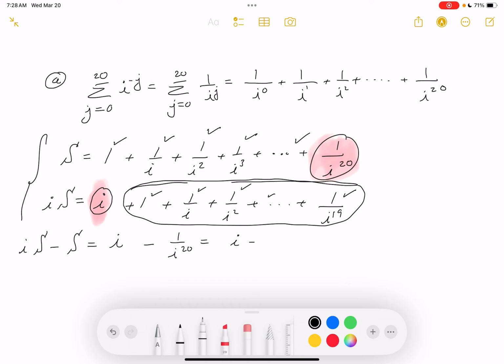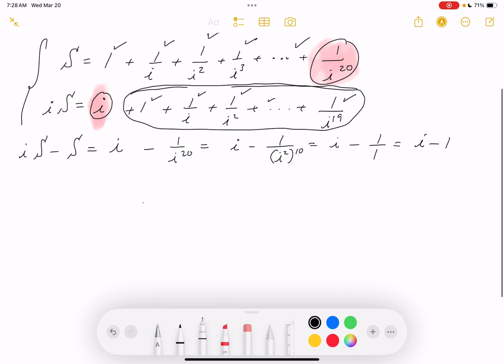And then over here I get minus 1 over, that's actually going to be I squared to the 10th power. So it's going to be I minus 1. I squared is -1, and -1 to the 10th power is just 1. So what do you get over here? I minus 1. All right, let's write this down now. I S minus S equals I minus 1.